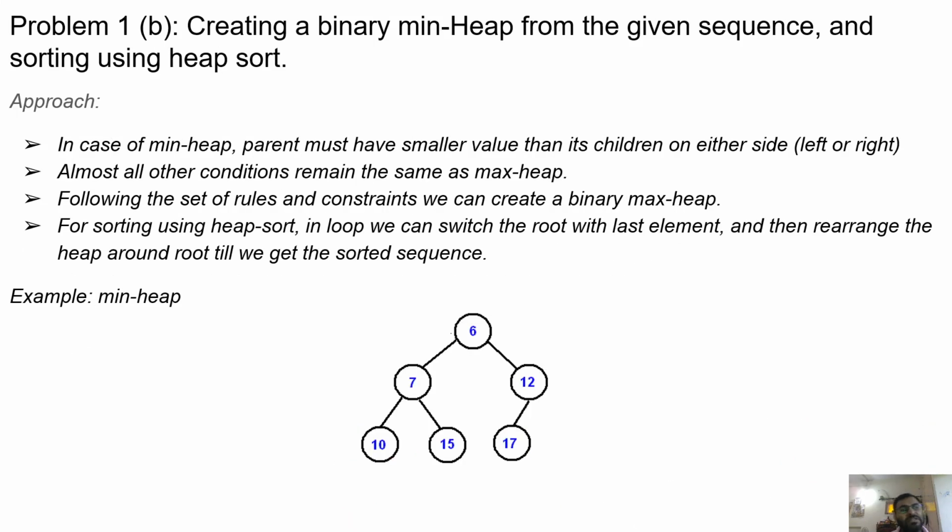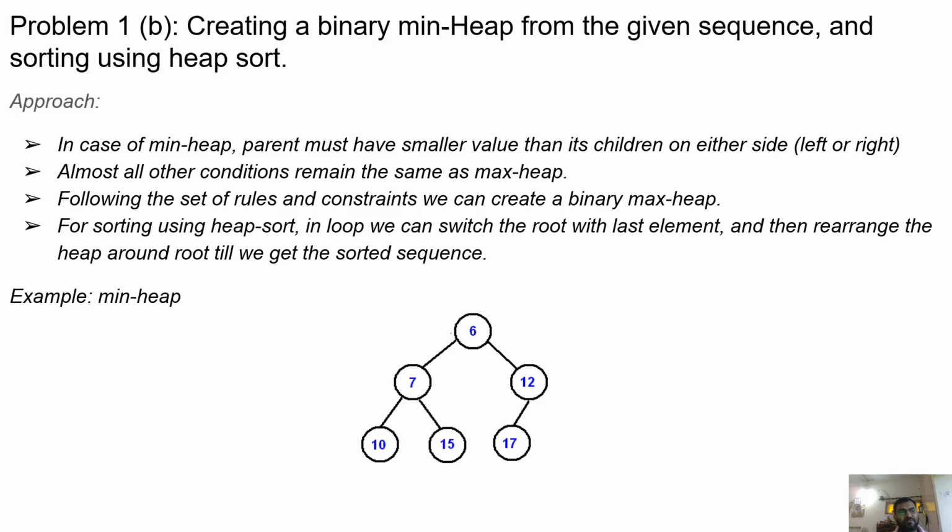In the second problem, we'll look at how we can rearrange given data in a min heap form, and we'll also see how we can sort using heap sort. In this case we'll try to rearrange the data from max to min, as in the earlier case we tried to rearrange the data from min to max.